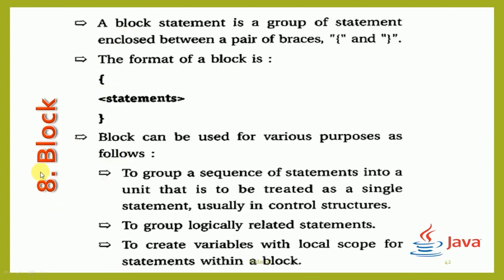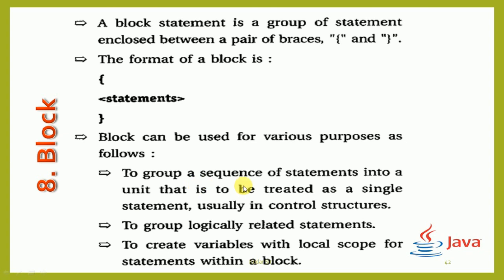After that, the next one is the block in a Java program. This is used for a group of statements enclosed between a pair of brackets. This is the format of the block: start the curly bracket, write your Java source code in the statement section, and close the curly bracket. The block can be used for various purposes as follows.